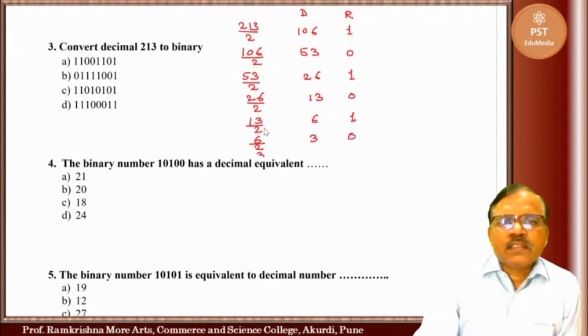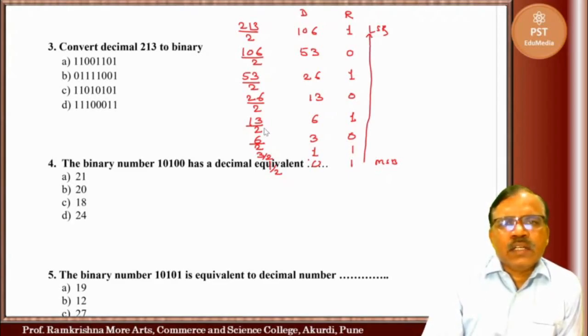Then 3 by 2, division is 1, remainder is 1. And then 1 by 2, division is 0, remainder is 1. So stop here. Now this is the MSB, this is the LSB, so take the number from MSB to LSB.